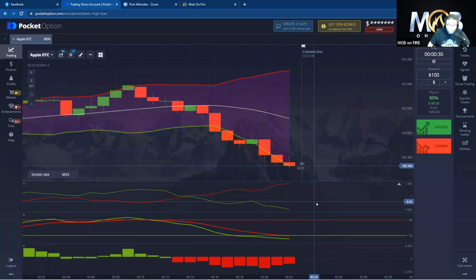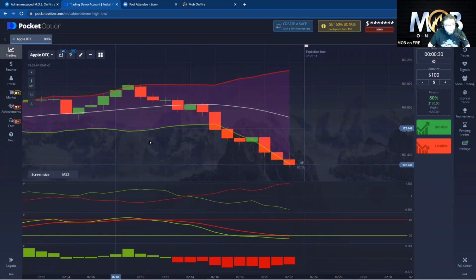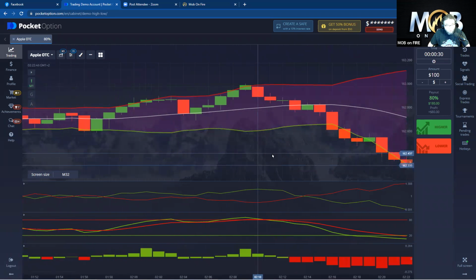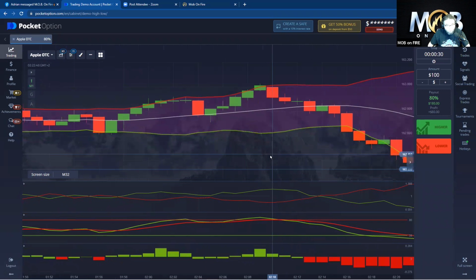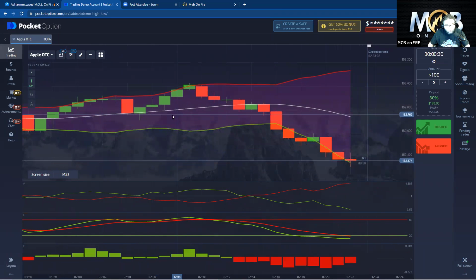Okay. So the main thing is consistency and patience. Patience pays off. If you look backwards, see how narrow it got over here on the channel? That's because pricing was very much in consolidation.